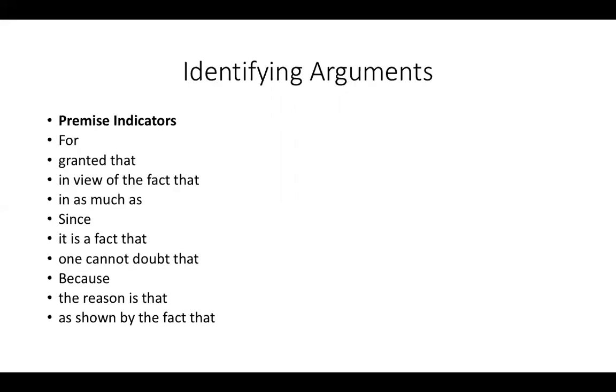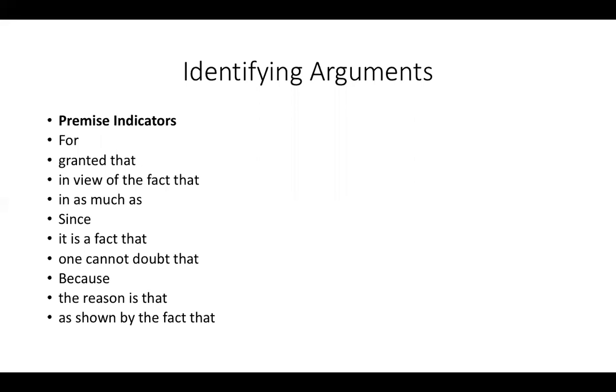Identifying arguments. Now we need to learn how to identify arguments in a passage. How do you identify arguments? First of all, there are certain words or phrases that immediately tell you you are looking at a conclusion or a premise. So we have premise indicators and we have conclusion indicators.